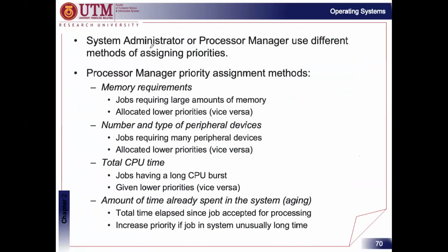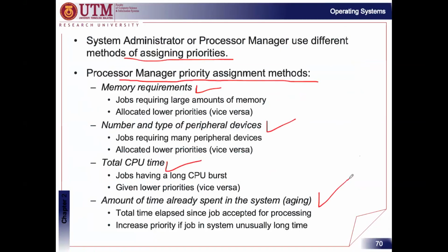Next, the system administrator or process manager uses different methods of assigning priorities, depending on your algorithm. The methods are: memory requirement, number and type of peripheral devices, total CPU time, and amount of time already in the system.